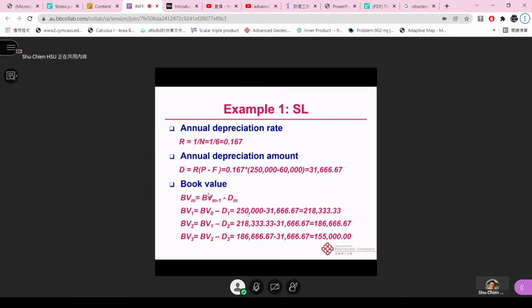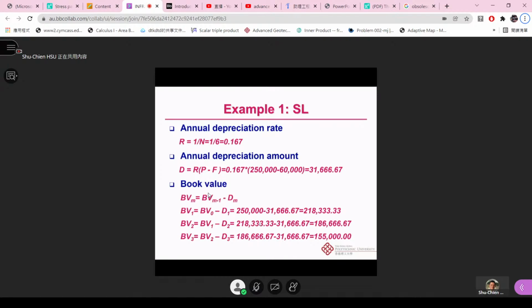All right, so then we have the book value. For the first year, we get 250,000 minus 31,666.67, which is equal to 218,333.33. Then we use this book value at the end of year 1 to calculate the book value of year 2.